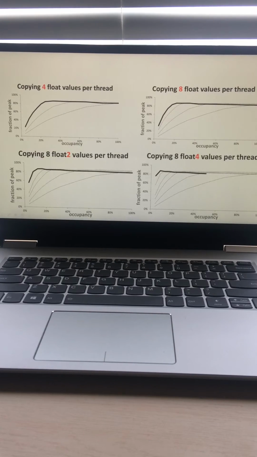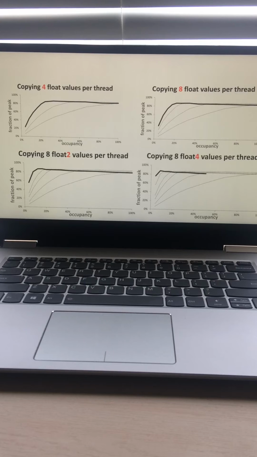Now copying 4 values per thread, we achieve the similar peak with around 25% occupancy. Copying 8 float values per thread, we are achieving it with around 20% occupancy.